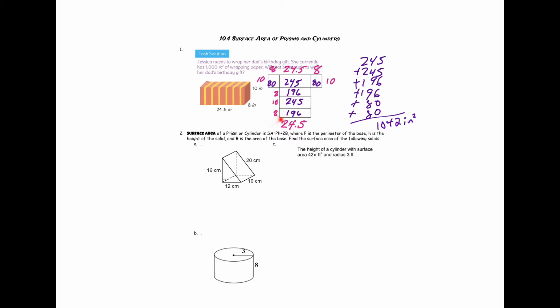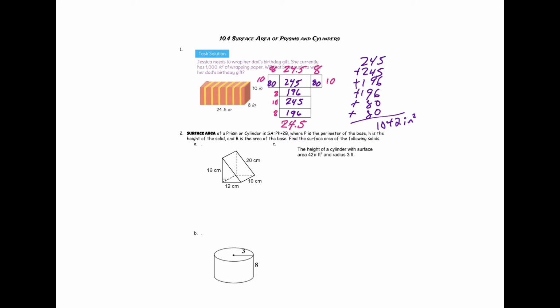This one is 8 times 24.5, which is 196. This is 10 times 24.5, 245, so on all the way up. Then we add up all of those individual rectangles for a total surface area of 1,042.